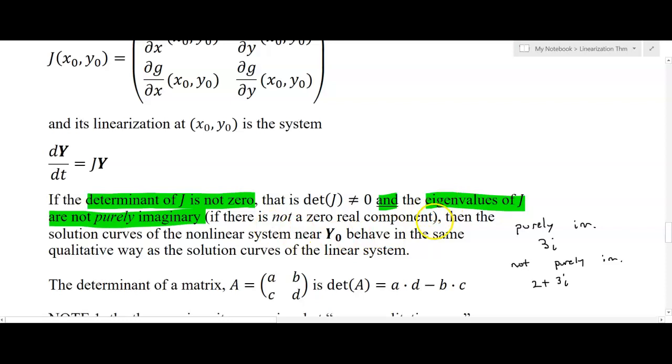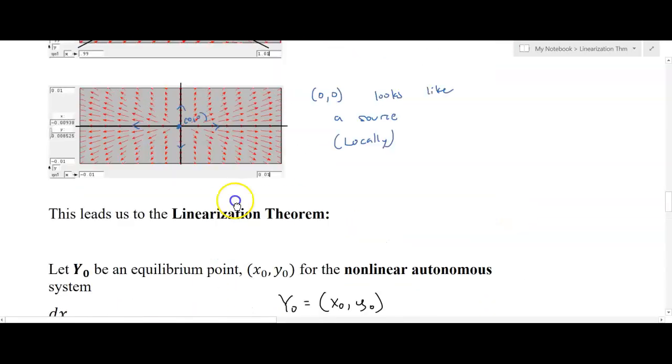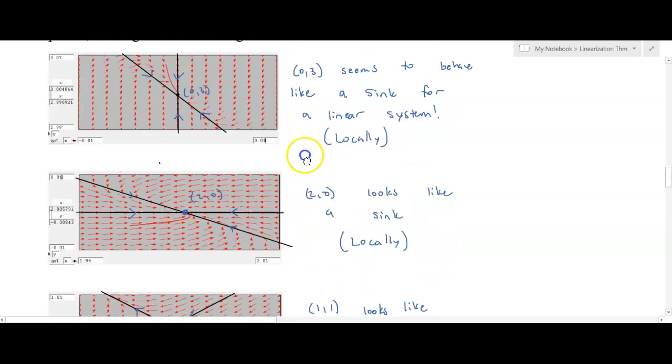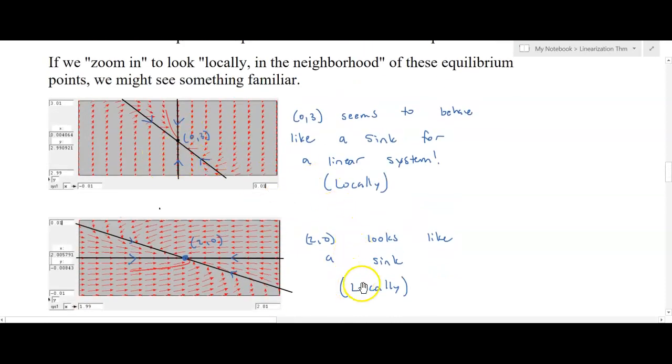We're not going to get into why this is specifically true here, but if these two conditions hold, then the solution curves of the nonlinear system near that equilibrium point behave in the same qualitative way as the solution curves of the linear system. We've already seen that that is the case from these four phase planes when we looked very close to our equilibrium points.